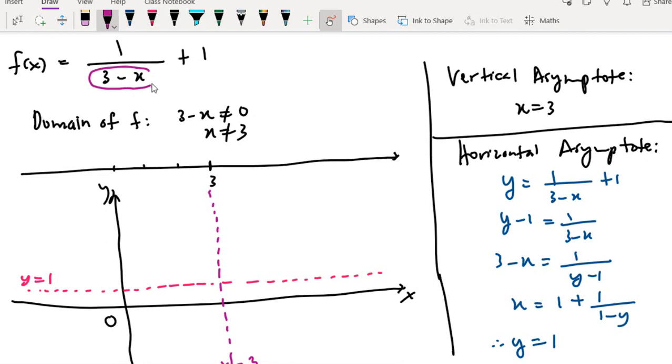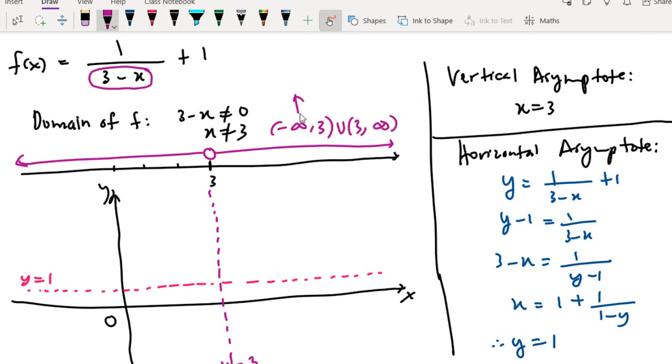Now for this function, 1 over 3 minus x, plus 1. For the domain, the denominator is not equal to 0, so the domain is all real numbers except 3: negative infinity to 3, union 3 to infinity. Because this is rational, the graph has a vertical asymptote x equals 3 and a horizontal asymptote.